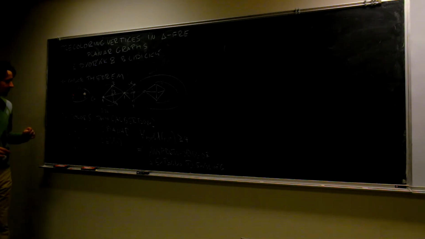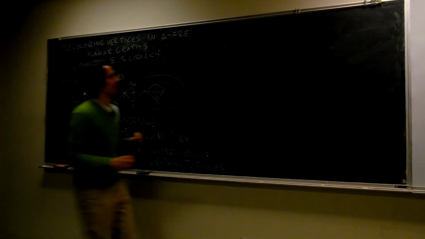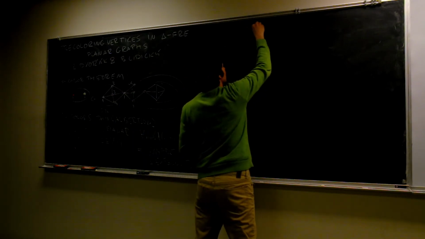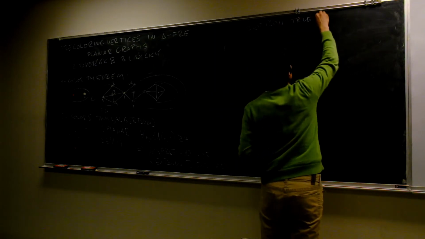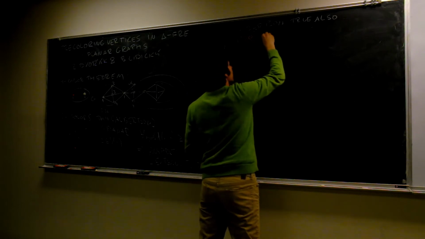And you can make this a little bit stronger, so that you don't look only at 5-coloring, but also at 5-choosability. So Albertson's theorem is true also for 5-choosability.